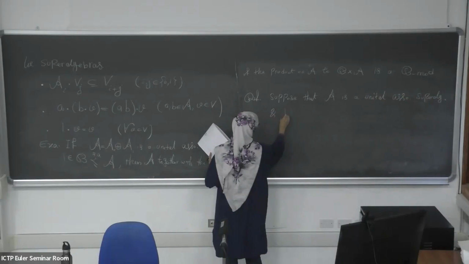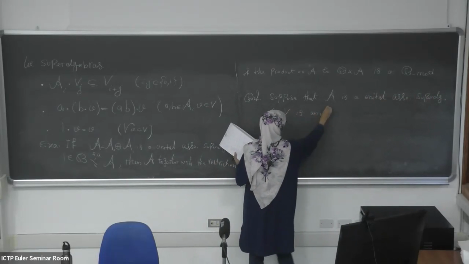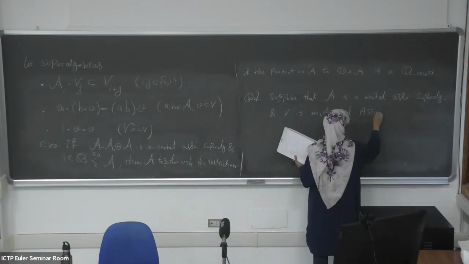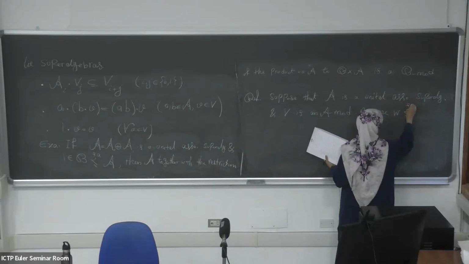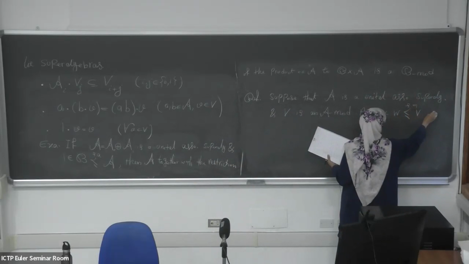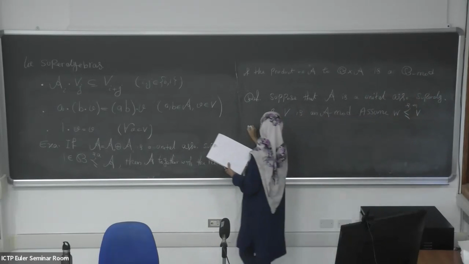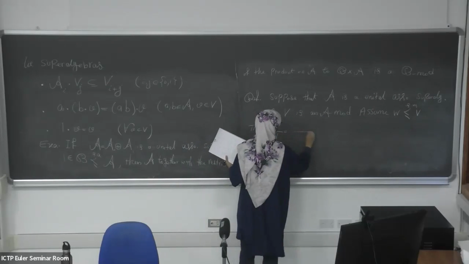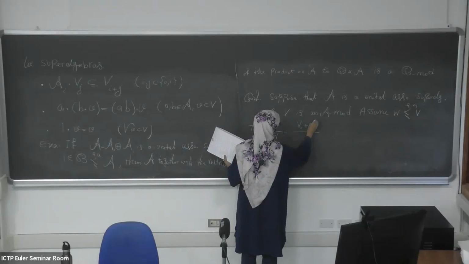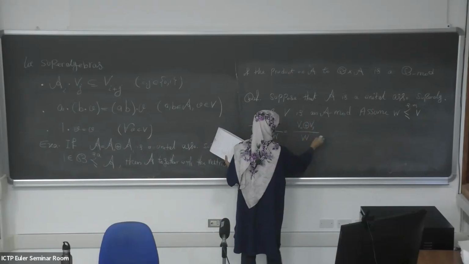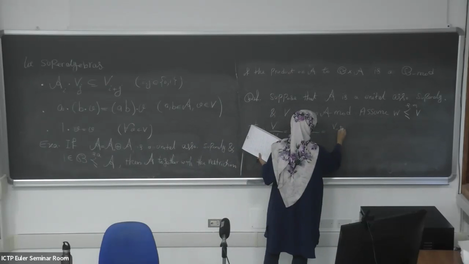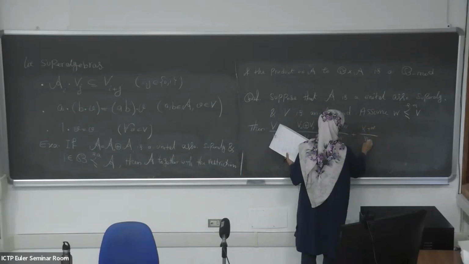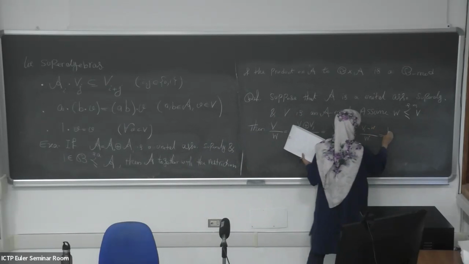Suppose V is an A-module, and assume W is a submodule of V. Then V over W, which is V0 plus V1 over W, is (V0 + W)/W plus (V1 + W)/W, and this sum is a direct sum.